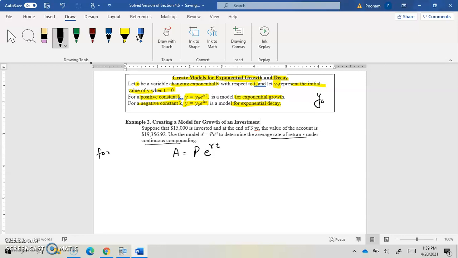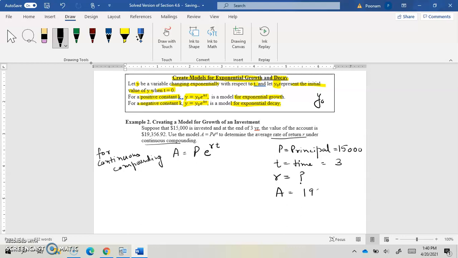So for continuous compounding, we know that amount is given by this formula, where P is principal, which is given to be 15,000 in this case. T is time in years. In this case, it's given to be 3 years. R is the unknown. And the final amount at the end of those 3 years is this number.